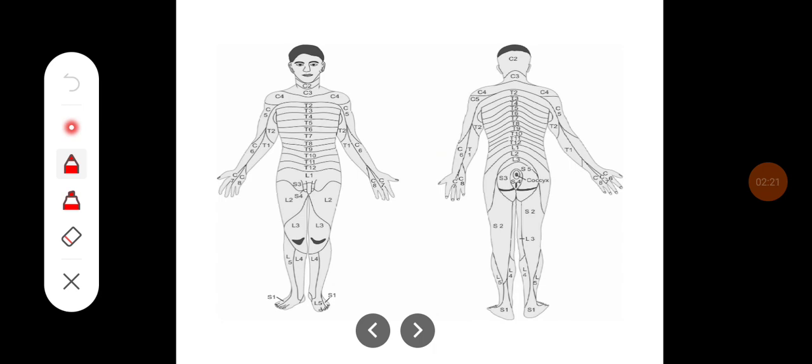So these are the different dermatomes, where you can see the area supplied by each spinal nerve.